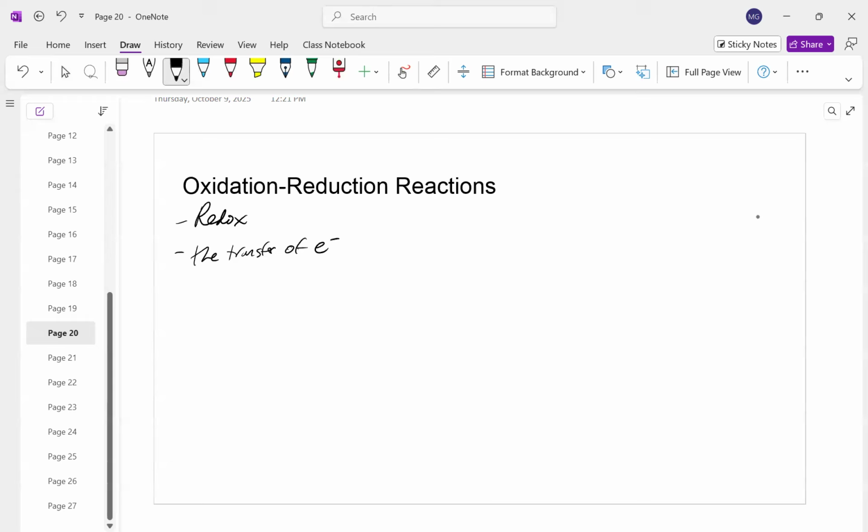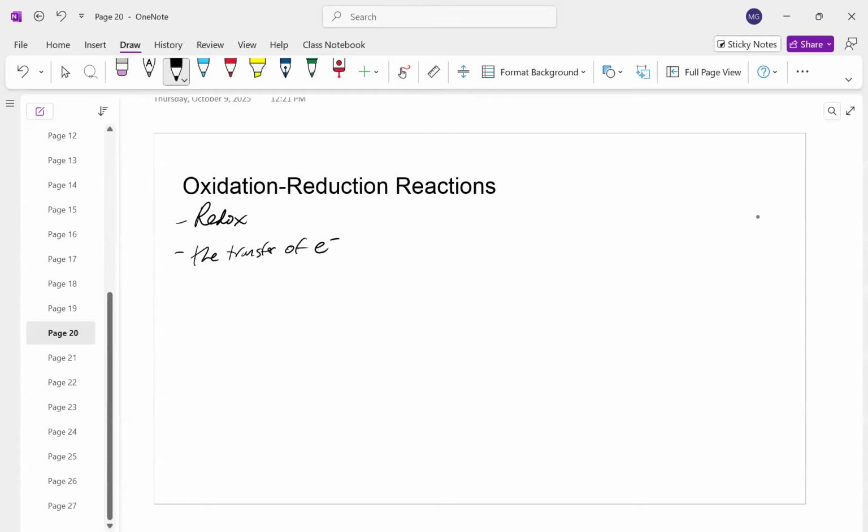And if you think about it, this is why it's so common, because we can't change protons or neutrons in the nucleus, or at least not through conventional means. The only other thing that's available to do chemical reactions is really electrons. And so moving electrons from one atom to another or from one compound to another is kind of what all reactions are about.